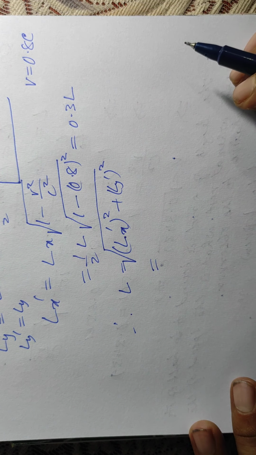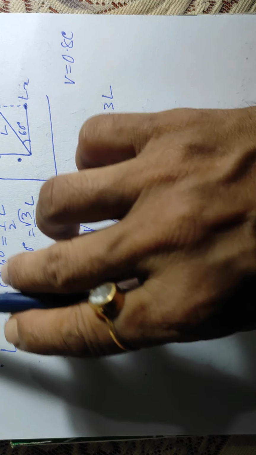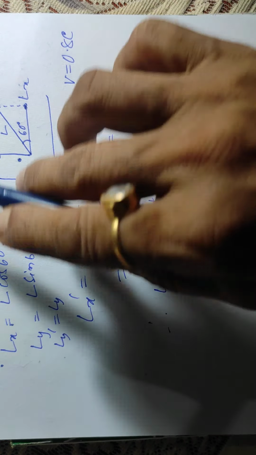It will be root of 0.3 L whole square plus root 3 by 2 L whole square, since Ly dash is equal to Ly, and after solving you will get 0.916 L. See here, it is given percentage contraction of the rod moving with a velocity 0.8 times the velocity of light in a direction inclined at 60 degrees to its own length.